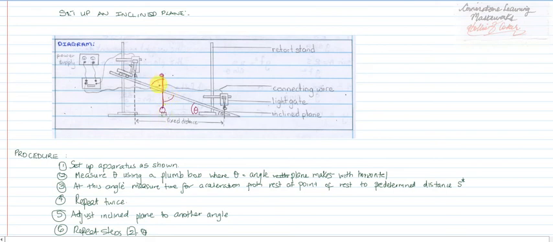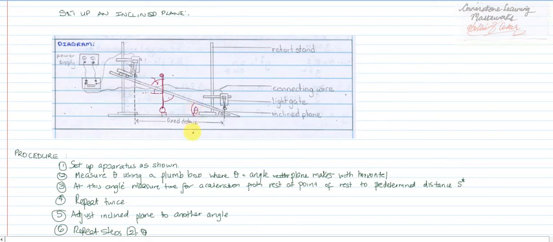So measure the angle the plane makes with the string, subtract it from 90, and you'll get the angle theta.